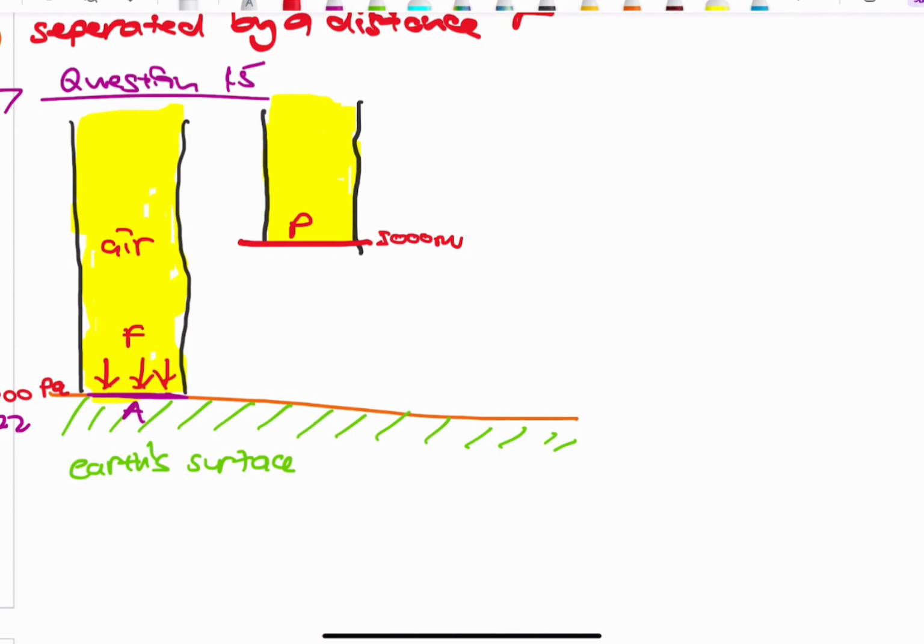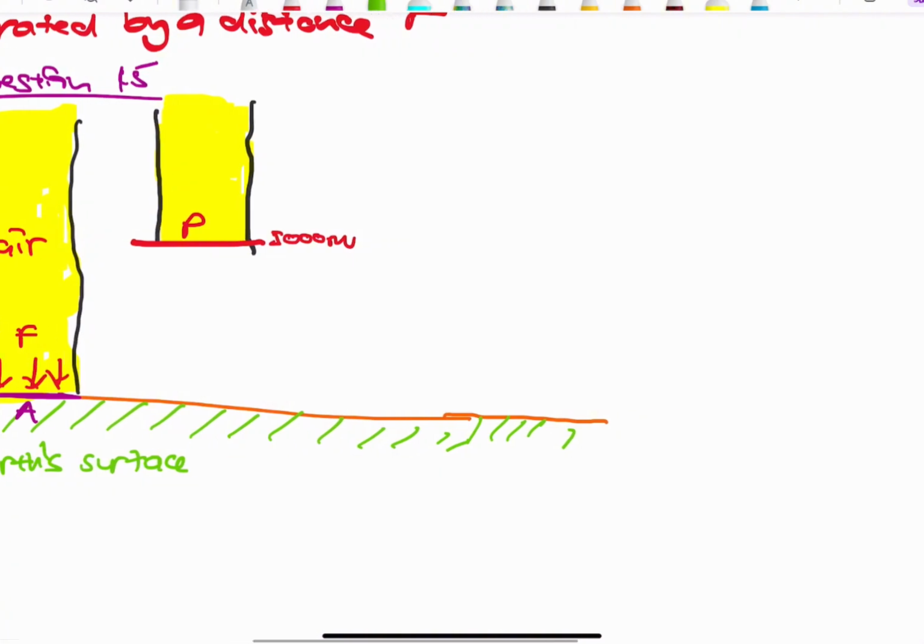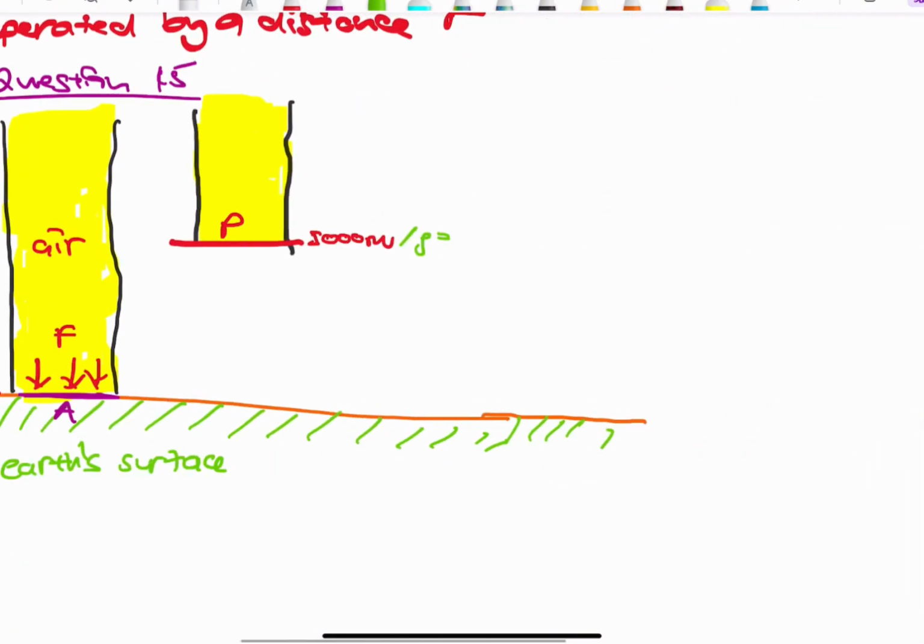If we're to find that density, the value of the density at this point is 0.74. But I don't know how I'm going to find my value of H. Remember, the atmosphere extends as far as it can go.